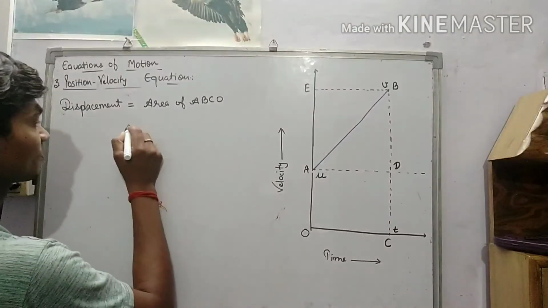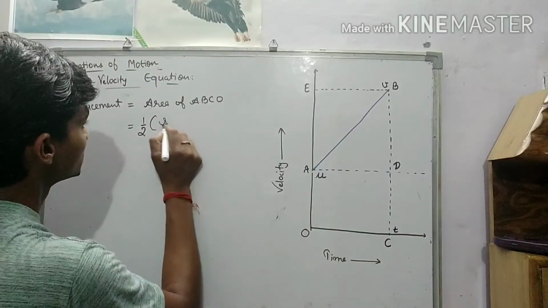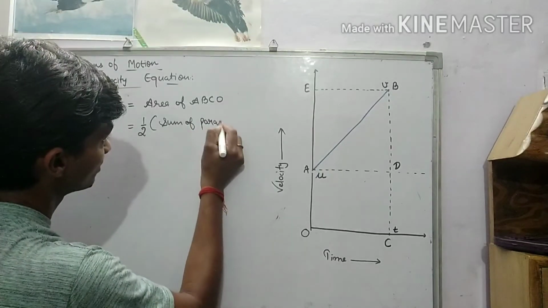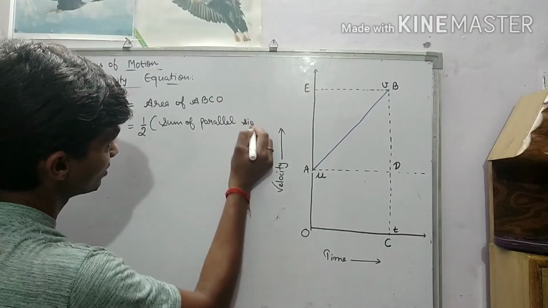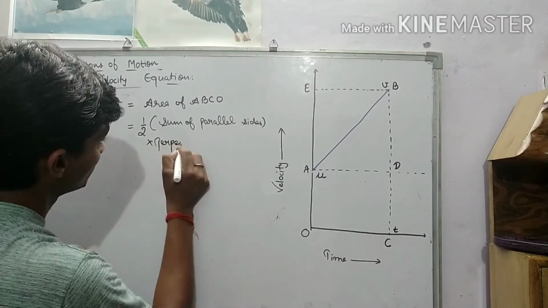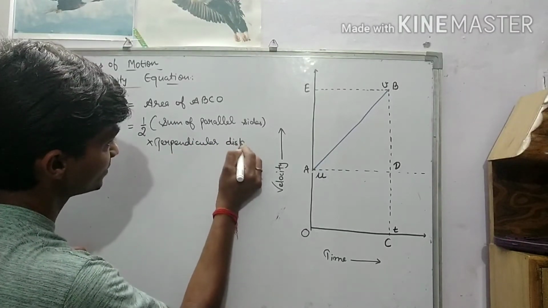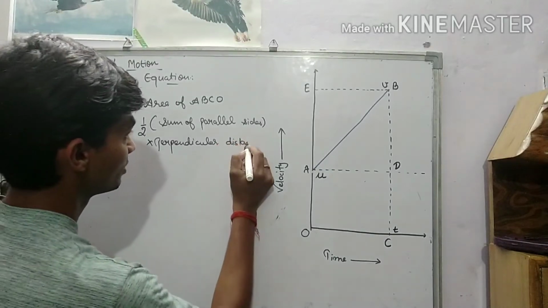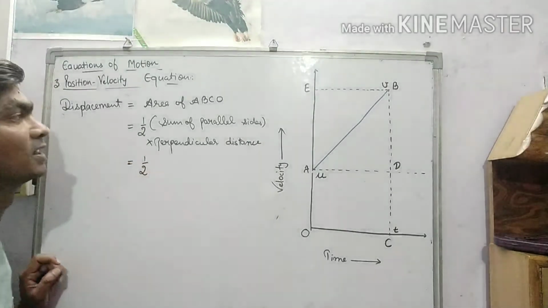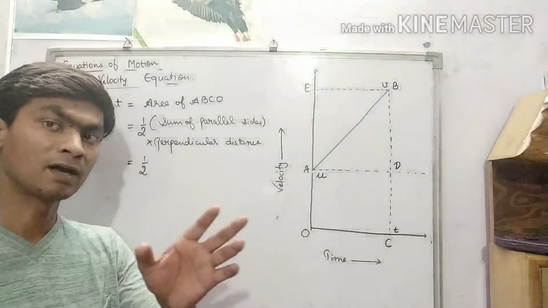Let us see, what is the area of a trapezium? 1 by 2 sum of parallel sides into the perpendicular distance between them. Which sides are parallel here?